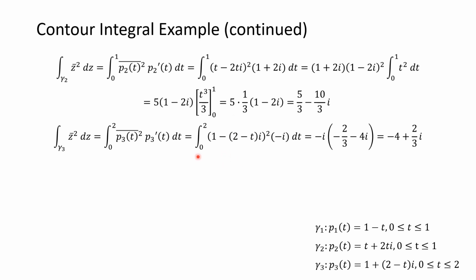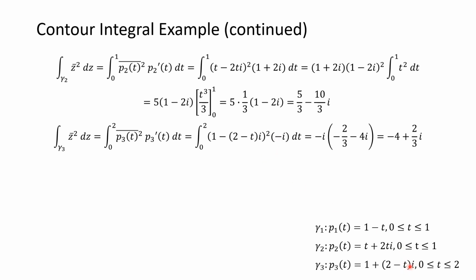Okay, we're almost done. We do the last directed smooth curve. Again, we have a complex number here, so when we take the conjugate, we get 1 minus 2 minus ti, this thing here squared. The derivative is, derivative of 1 is 0, and then you get a minus i when you take the derivative of the minus i times t.